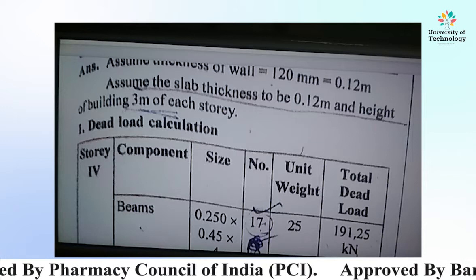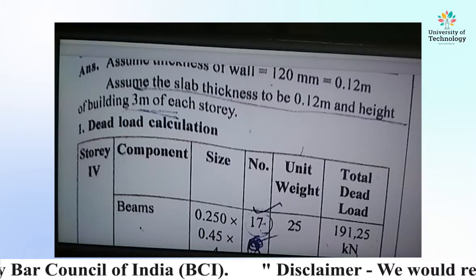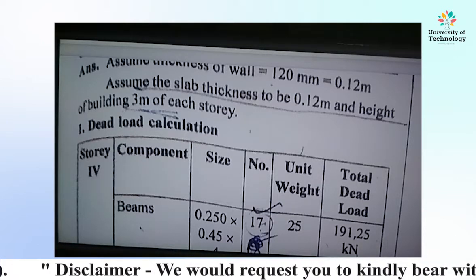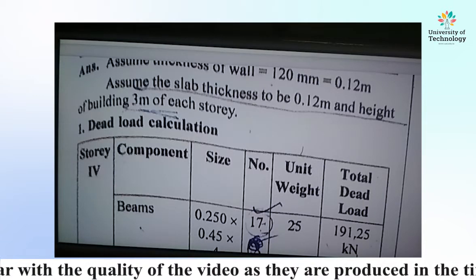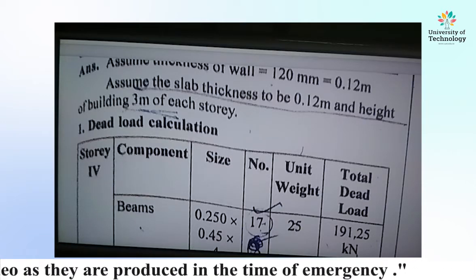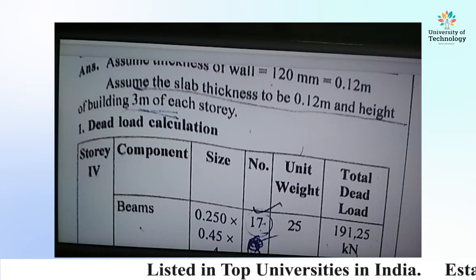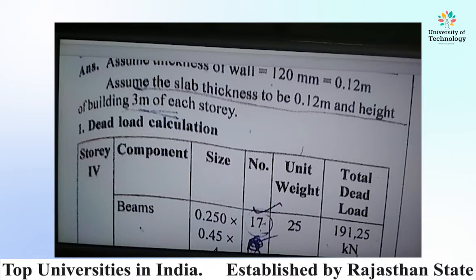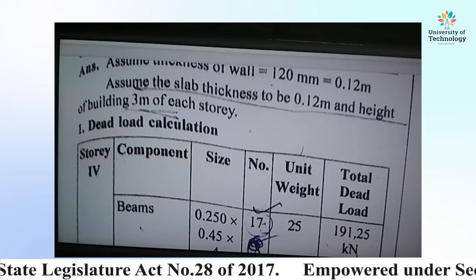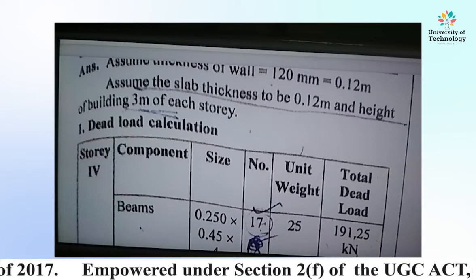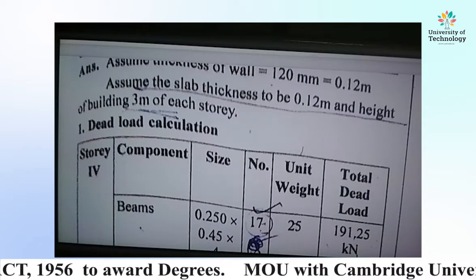Assume the slab thickness to be 0.12 meter and the height of each story 3 meter, because the height is not mentioned in the question, so we just assume it. Generally in multi-story buildings the height is kept at about 10 feet, which is approximately equal to 3 meter. The first point is the dead load calculation.